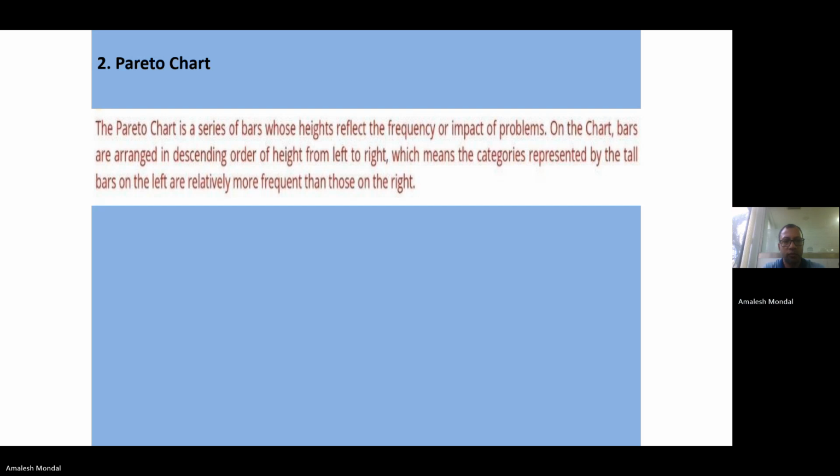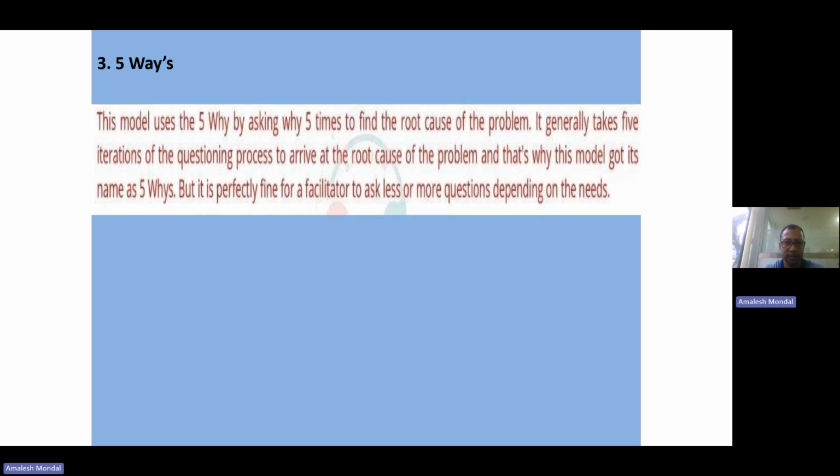Now, 5 why analysis. 5 why लेके जो हम लोग why analysis करते हैं, that is the methodology 5 whys. This model uses 5 whys by asking why 5 times to find the root cause of the problem. It generally takes 5 iterations of the question process to arrive at the root cause of the problem, and that's why this model got its name as 5 whys.